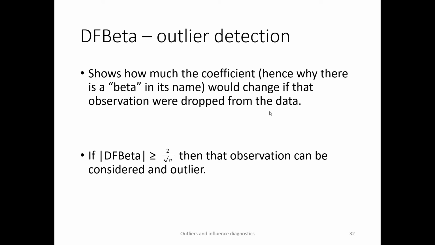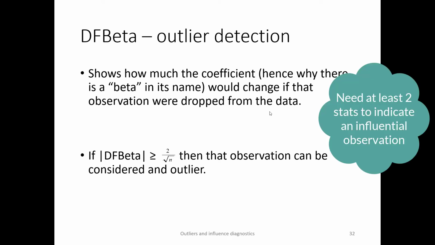influential observation. Now, you'll notice we have a lot of measures here, and they don't always agree. So whenever we say this may be a potentially influential observation, we want to make sure that at least two of these measures suggest that you have an influential observation.